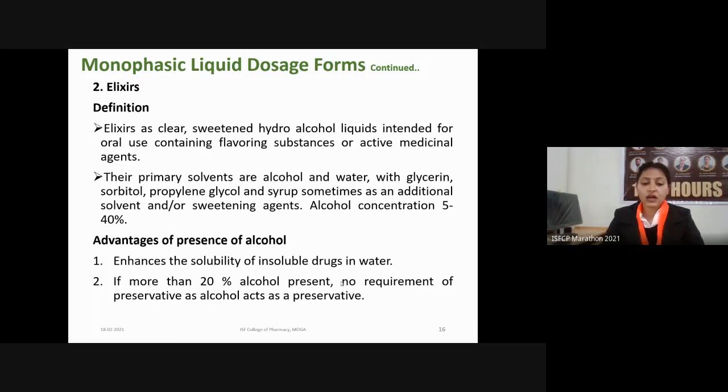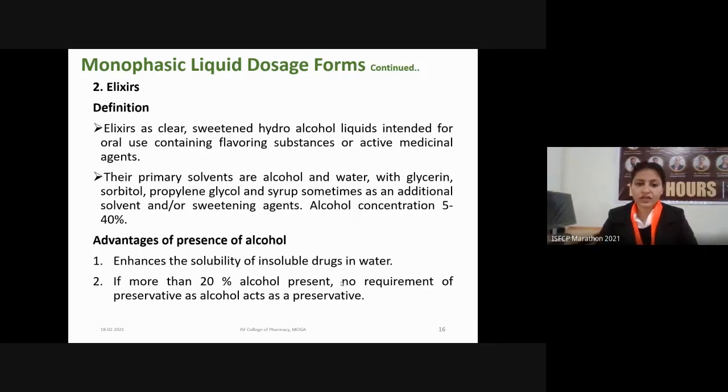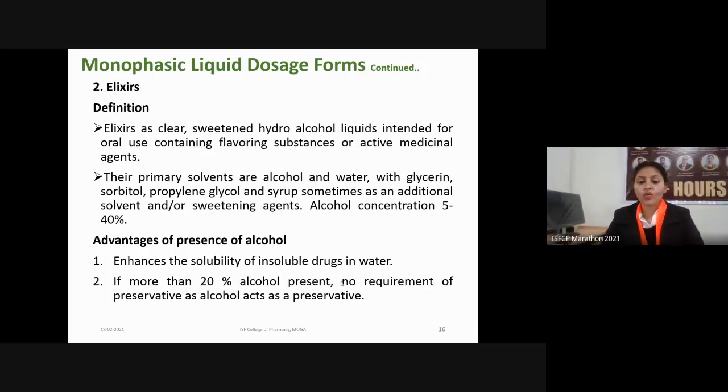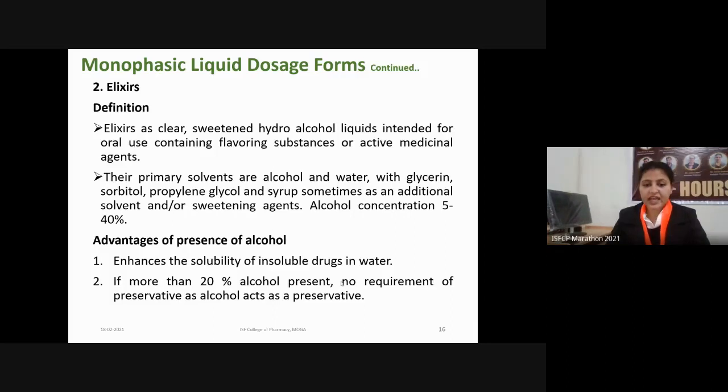Alcohol enhances the solubility of insoluble drugs in water. It means alcohol will act as a co-solvent. In my previous lecture, I have already discussed what co-solvents are. It means if a drug is insoluble in water, then in that case, we can use alcohol along with the water.